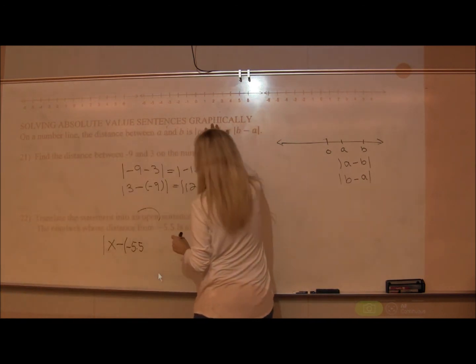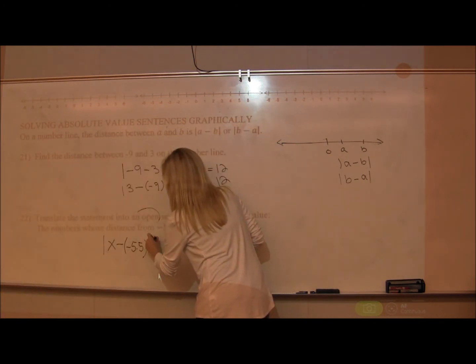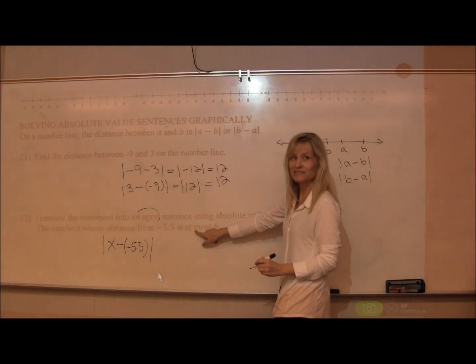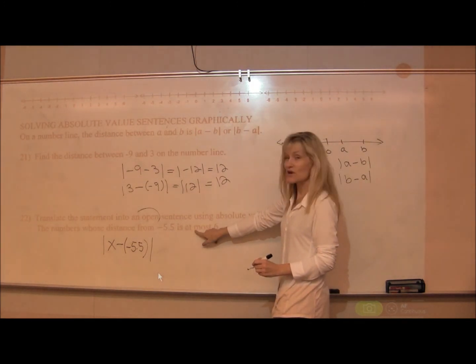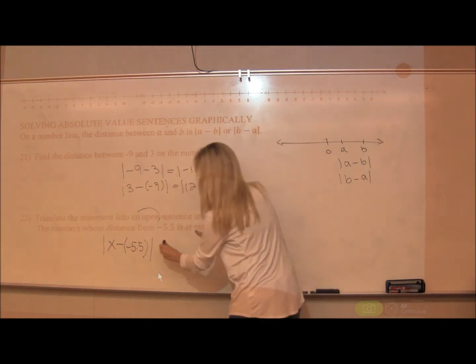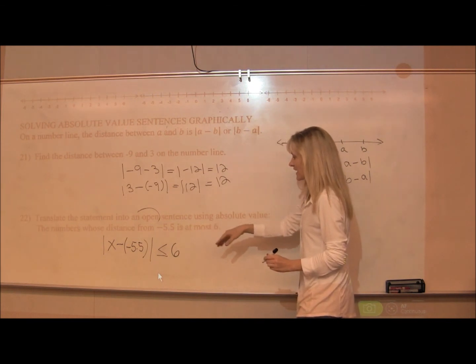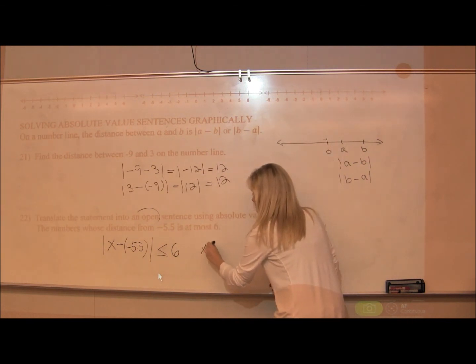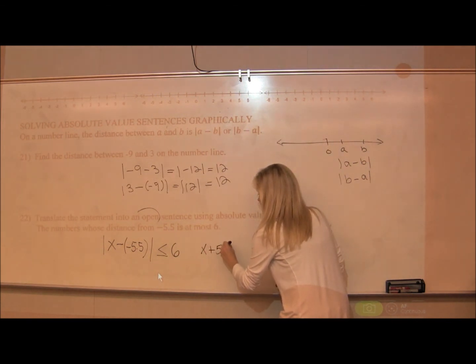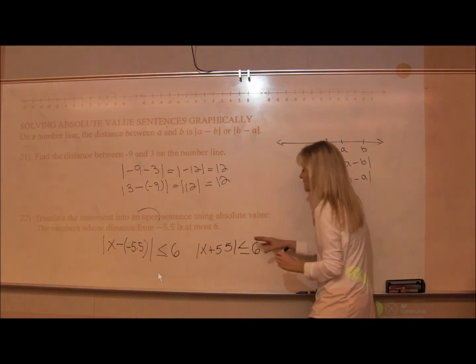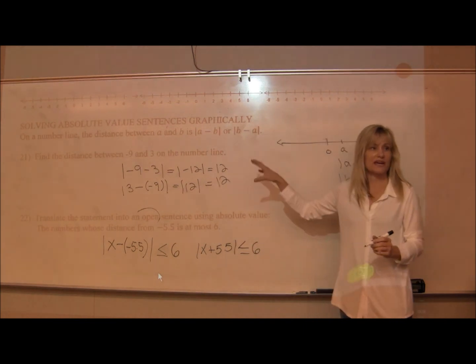I'm just applying my distance formula. Okay? Is at most. What's my sign there? What's my at most? Less than or equal to 6. Okay, and then I can solve that. So that's |x + 5.5| is less than or equal to 6. And then you could simplify that just as we have the others.